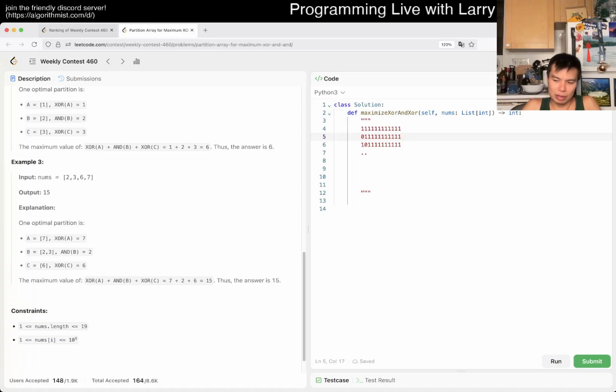So if the XOR is 1, then only the answer is going to have 1 in the bits, right? And then if the zeros and at least one exist, then you could split them up.